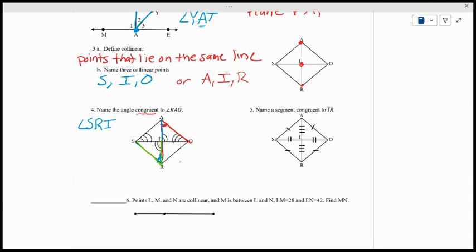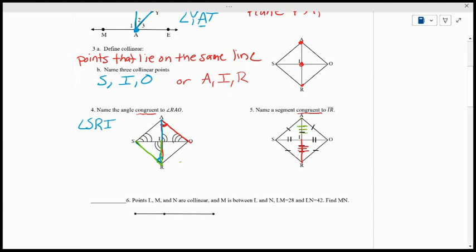If you look at number 5, now we're looking at segments. Name a segment congruent to IR. Well, where is IR? IR is right here. Starts here, goes down. That has 1, 2, 3 tick marks. So you're looking for the other segment that has 3 tick marks. And that's right here. 1, 2, 3.